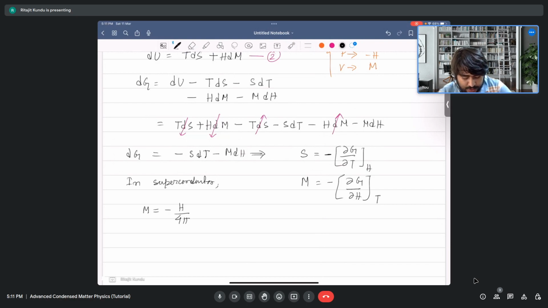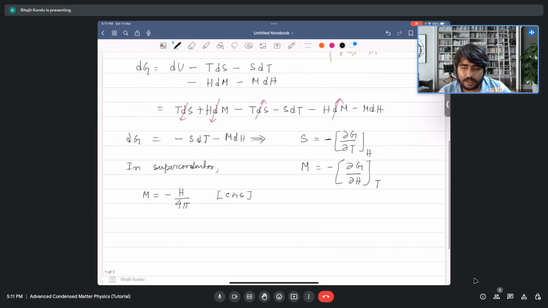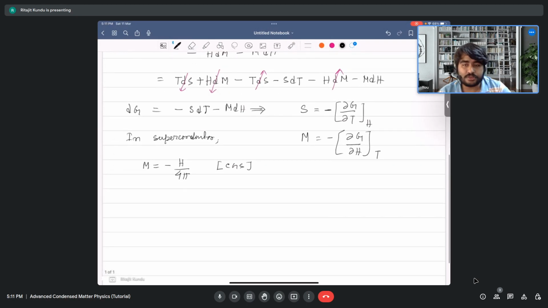Just to mention, this is in CGS units. Most of the old books are written in CGS units, so I am following some of those. Please bear with me for now. So M is minus H by 4 pi. I can use this expression and put it back inside here. Okay, so let's see what we get.